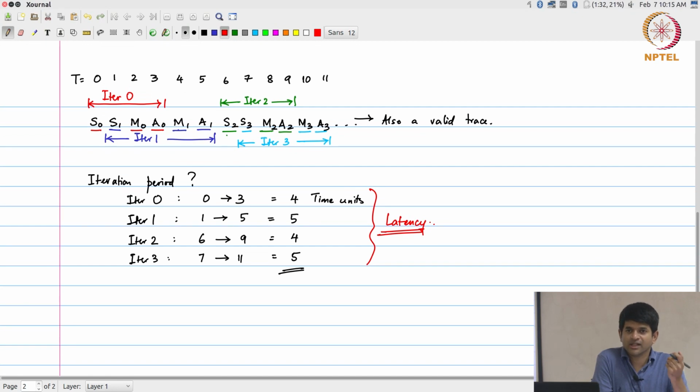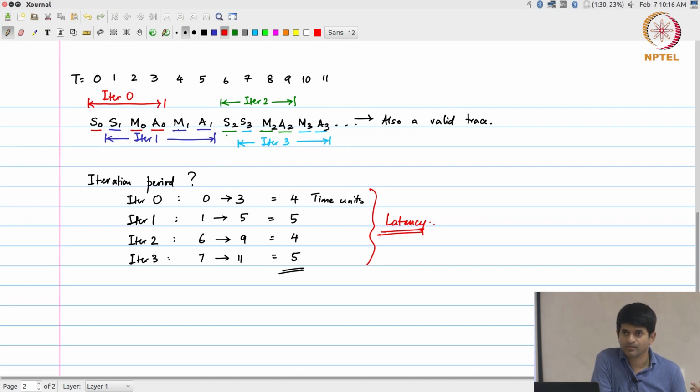You can think of it as from the time that I give the inputs, how much time does it take until the last output is received. So the latency in this case could be 4 or 5 time units. The worst case latency is 5 time units over here, at least for whatever I have shown so far, assuming that the same pattern continues periodically. The minimum latency is 4 time units, the maximum latency is 5 time units.